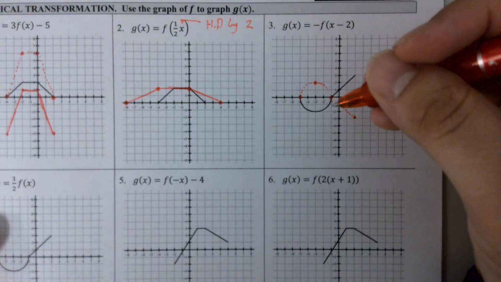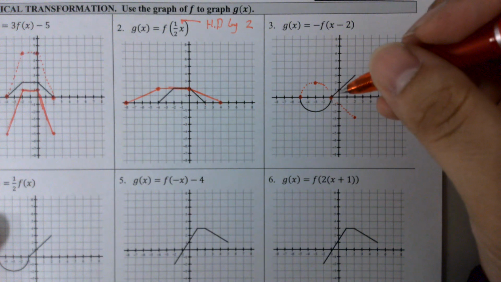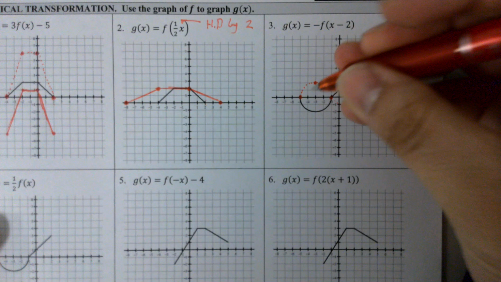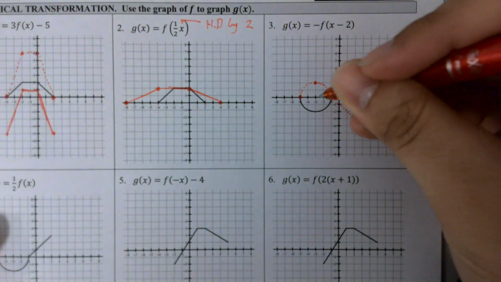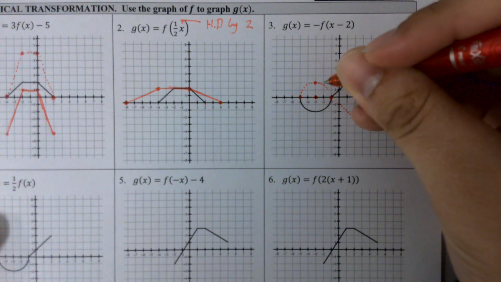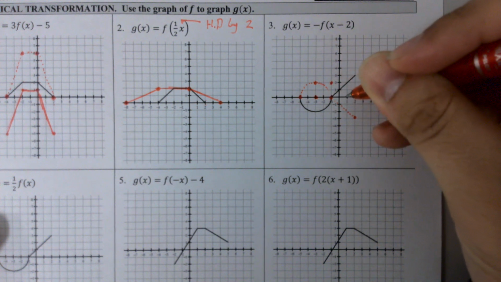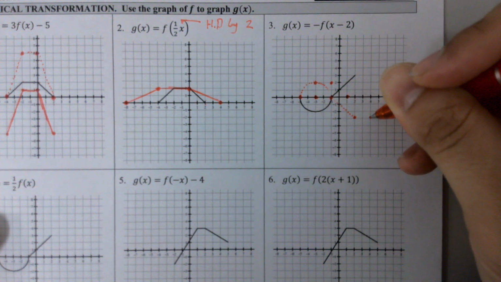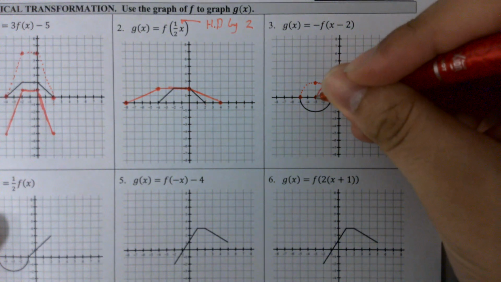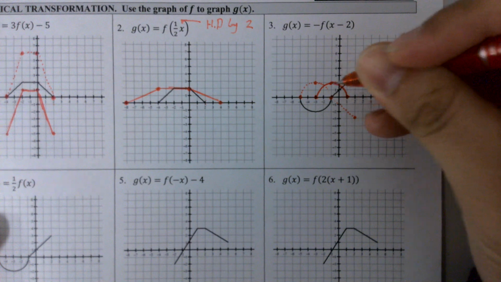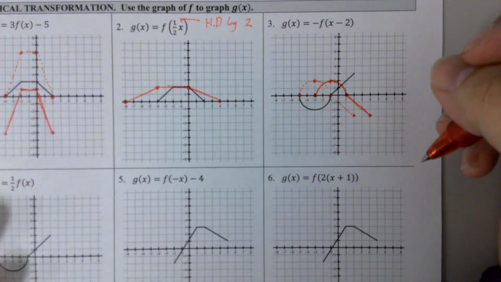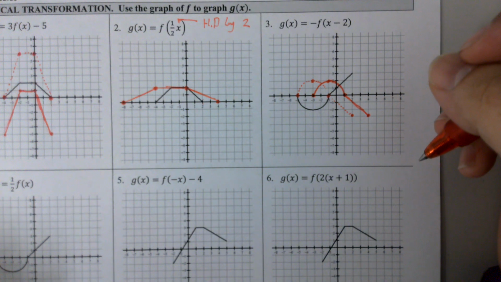I think they're probably the most important ones because they give us the identifying features of our function here. We just have to move them all over right 2 now. So this one's going to go 1, 2. This one's going to go 1, 2, 1, 2, and 1, 2. And now connecting that, our new function for g is going to look like this. And so those are our transformations.